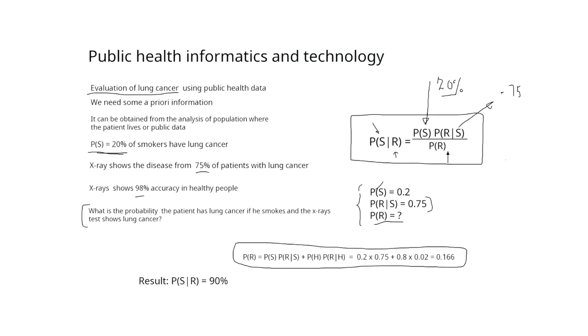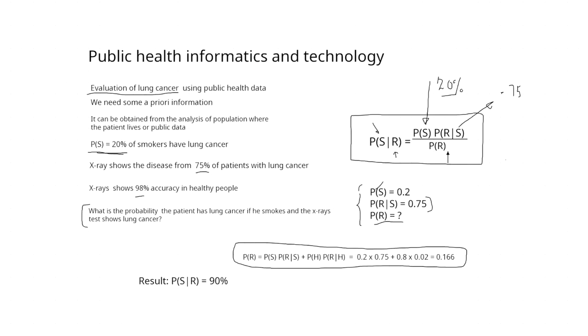So this is the probability that the X-ray showed cancer, but actually they do not have lung cancer. This is 2% because it is 100% minus 98%: 98% of people do not have lung cancer and the X-ray shows they don't, but 2% do not have lung cancer, but the X-ray shows they do. And this comes to 0.166.